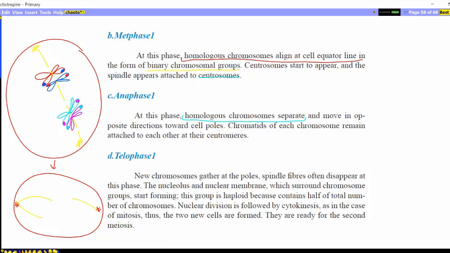spindle fibers. Homologous chromosome separation means one chromosome goes totally to one side, but its homolog goes to the other side, and they have some exchanged parts.